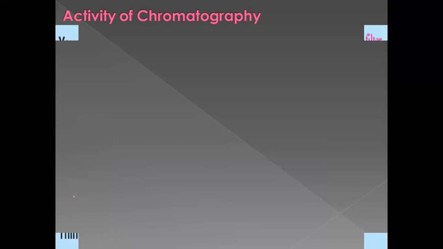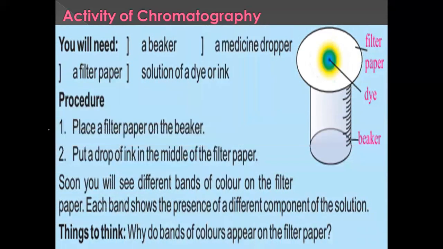So here is an activity of chromatography which we do in the laboratory. That is a simple one. A medicinal dropper with a filter paper, on which we put with the dropper a drop of dye or ink, and this is a beaker in which we have water.